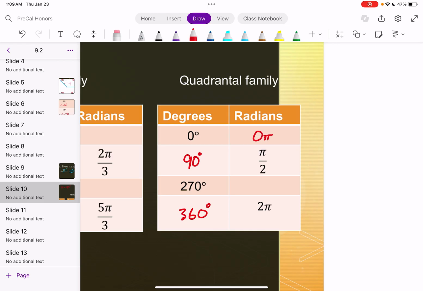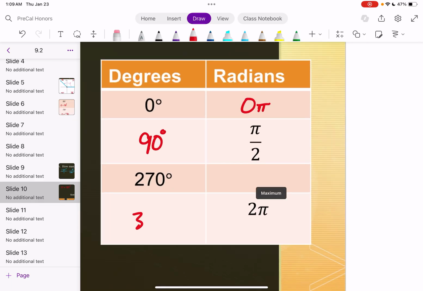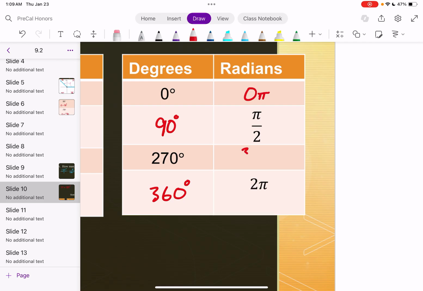Now, if we have pi, which is 180, and 2 pi, which is 360, the middle between that would be 3 pi over 2. Now, as you're working on this test, be sure to understand that all of the radians will always be given in fraction form.